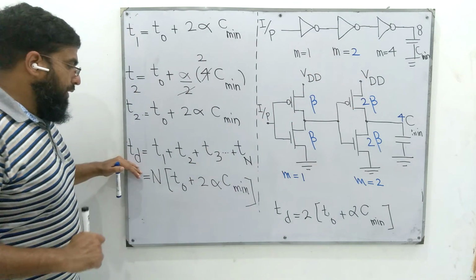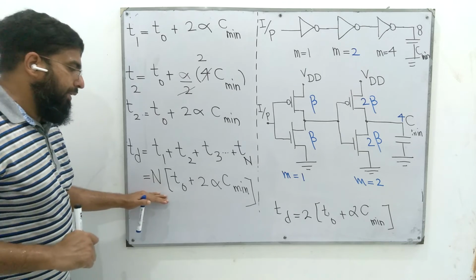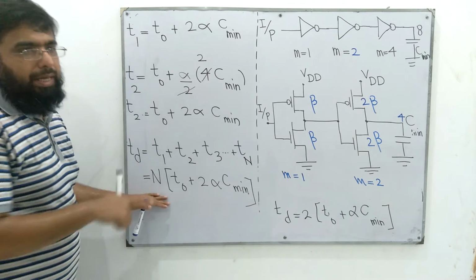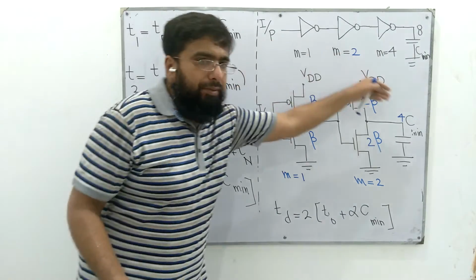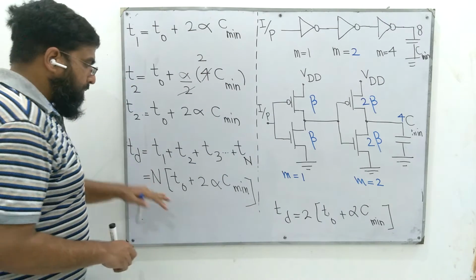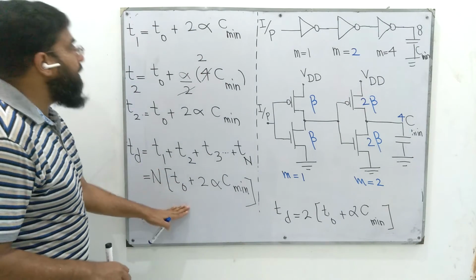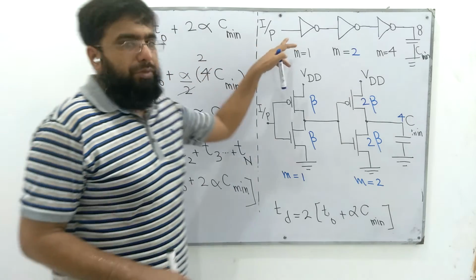And finally, the total delay of the chain can be written as N, where N is the number of gates in the chain, times the delay caused by the first gate.